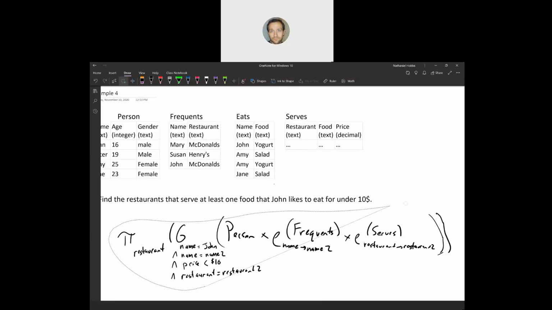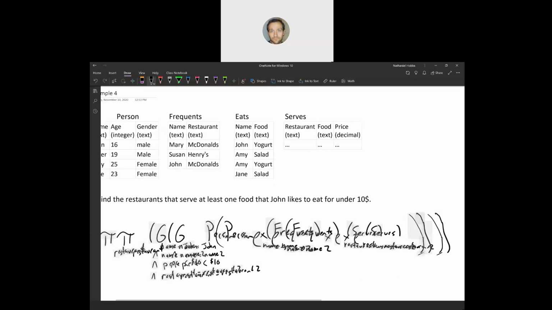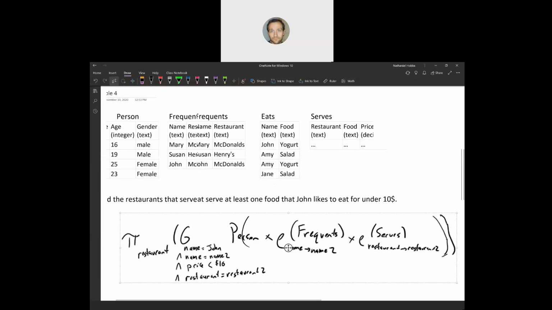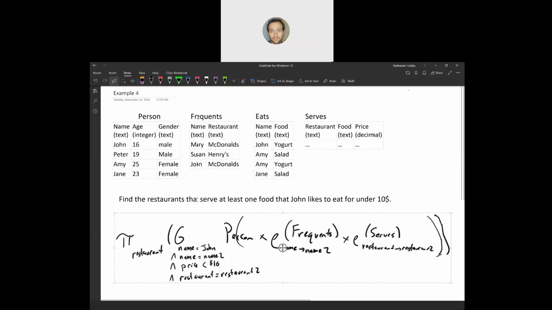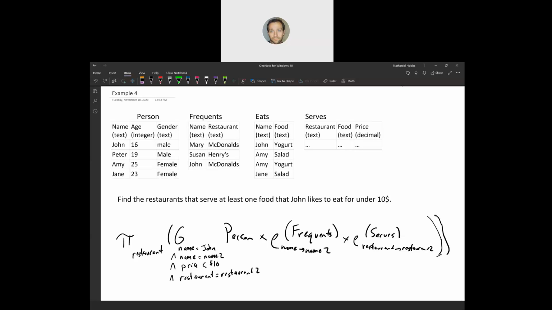So this would return not only the restaurants that serve food that he eats under. Oh, wait. No, I'm sorry. There's something wrong with this.